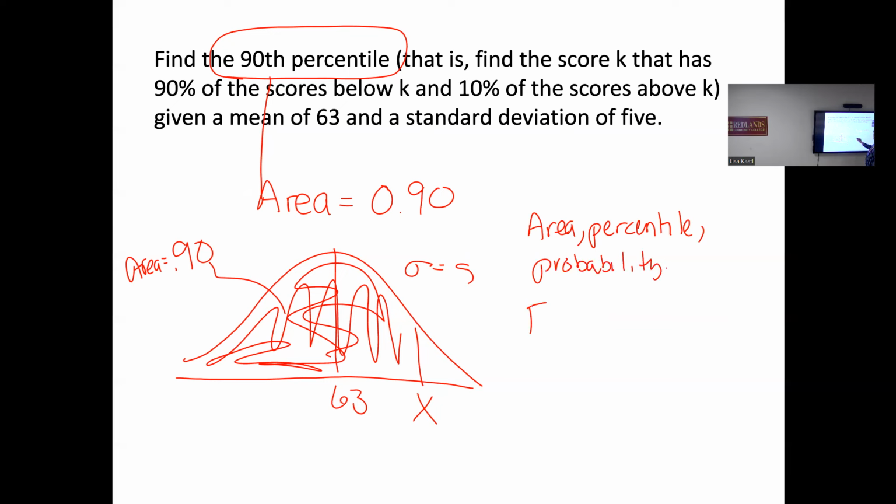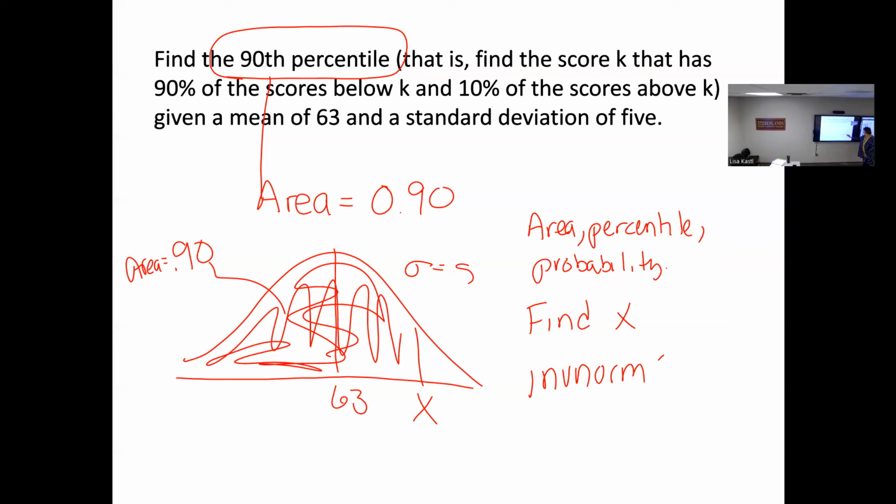and I'm finding an X, then I use inverse normal. So this is going to be inverse norm. And I actually never remember this one. So I'm going to go second distribution, number 3. Okay, the area is 0.9. The mean is 63. And the standard deviation is 5.